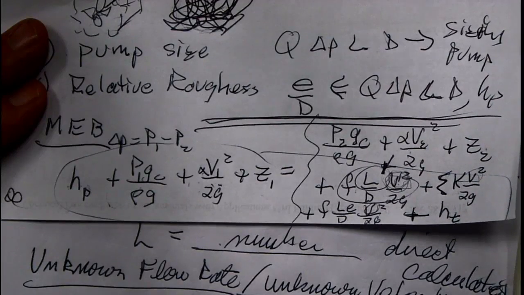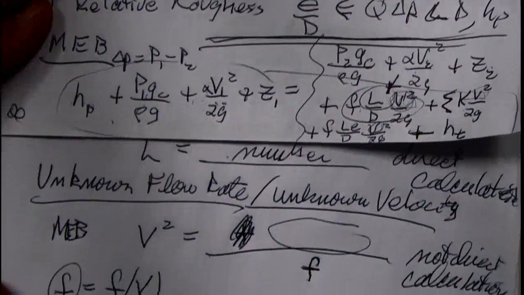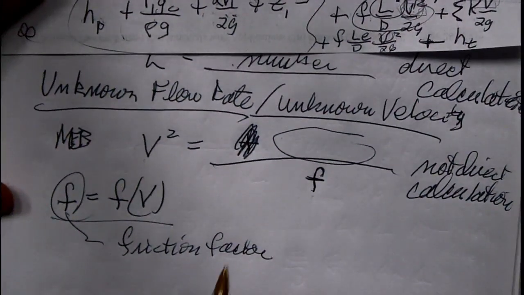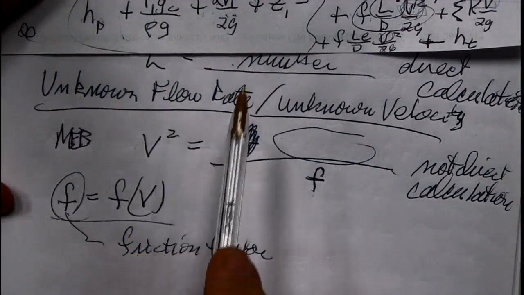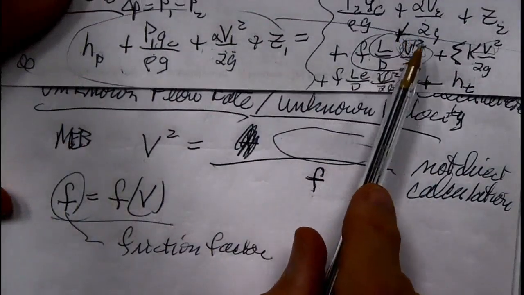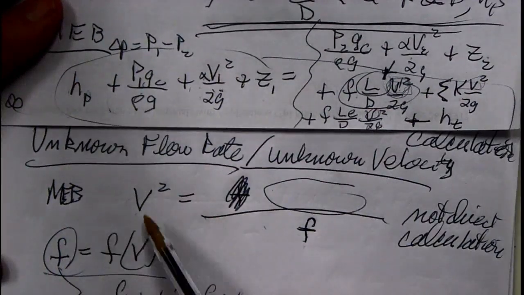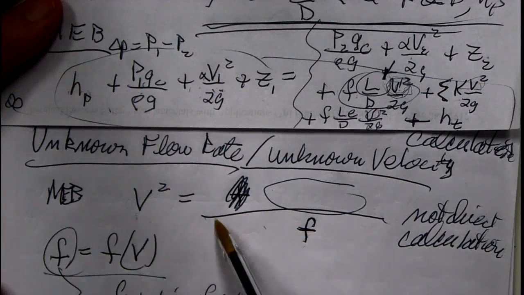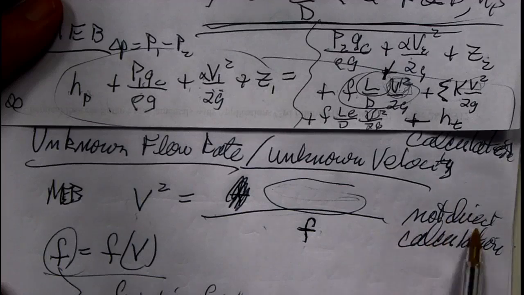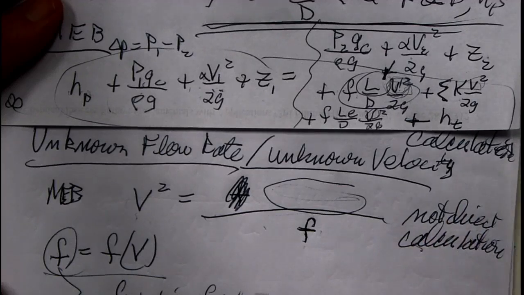Because we find out the friction factor is a function of, sorry, let me go over that one more time. When I fill in all the numbers on the mechanical energy balance, what will happen is I'll reduce down to velocity squared equals some number divided by friction factor. It's not a direct calculation, however, because I have friction factor as a function of velocity.